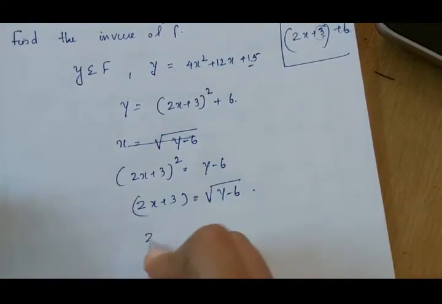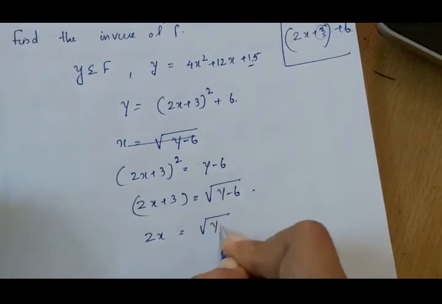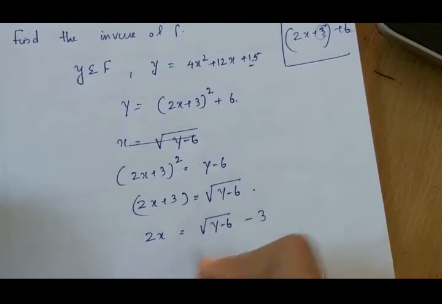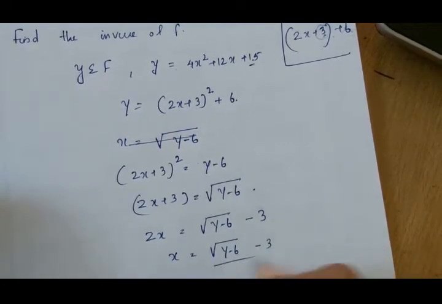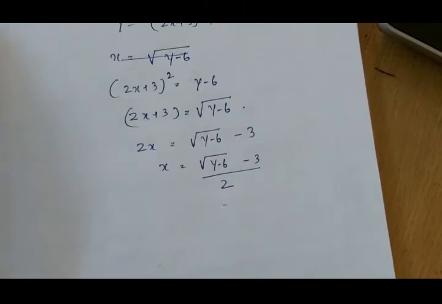Then 2x is equal to root of y minus 6 minus 3. X is equal to root of y minus 6 minus 3, the whole divided by 2.